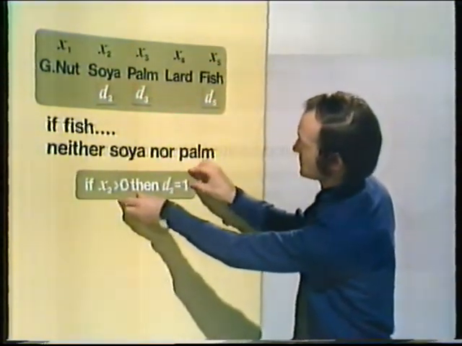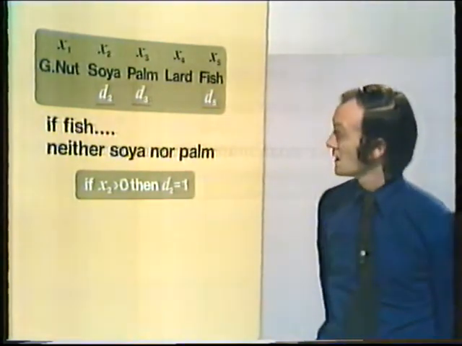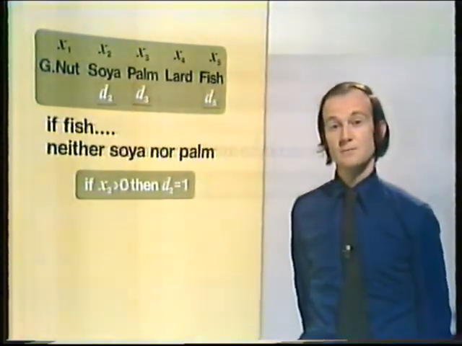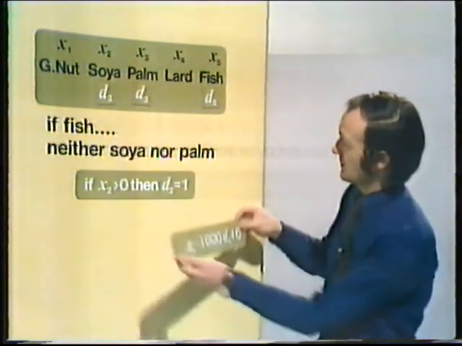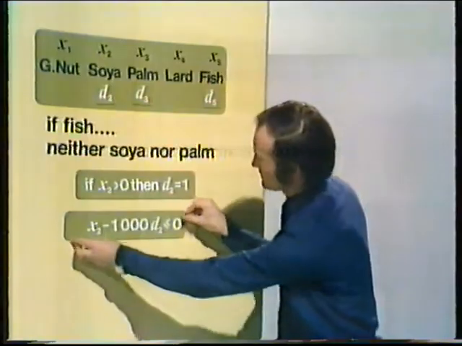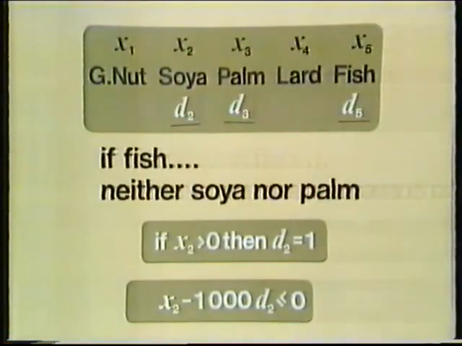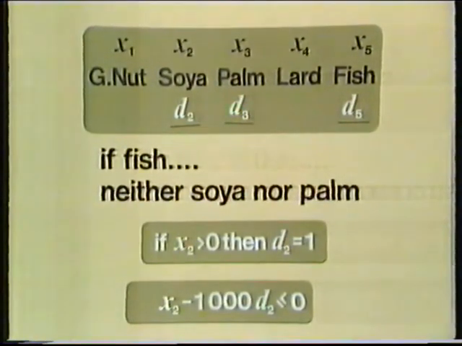We have this situation. How can we express this in our problem? Well, it can all be done by this constraint. Let's think about this for a minute. If D2 equals 0, this constraint forces x2 to be 0 and forces soya out of our blend.